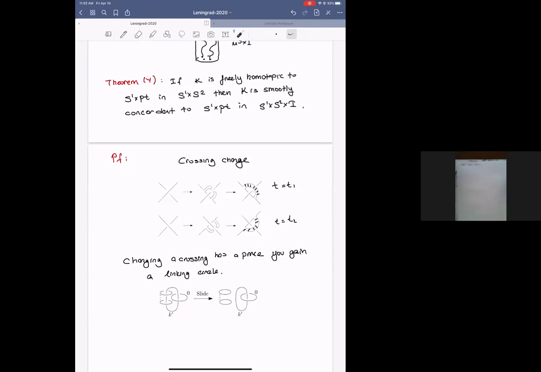When I say I'm sliding here, you remember that I'm doing this one. So you have this S2 here, and you have that bunch of linking circles, and you can slide that linking circle over that S2, and you can see it is really an unknot, and you can really make it disjoint. Because linking doesn't make sense in S1 cross S2, right? So that's maybe another proof to say that, or an example.